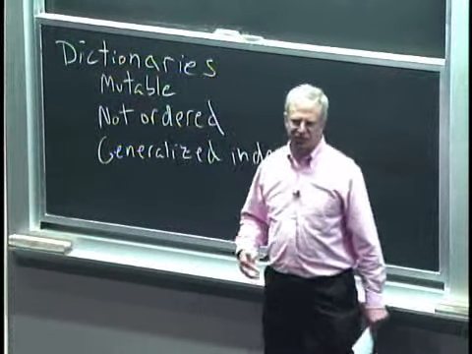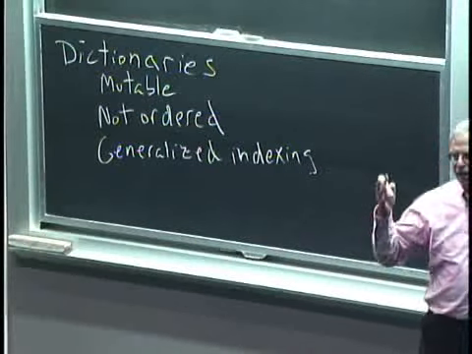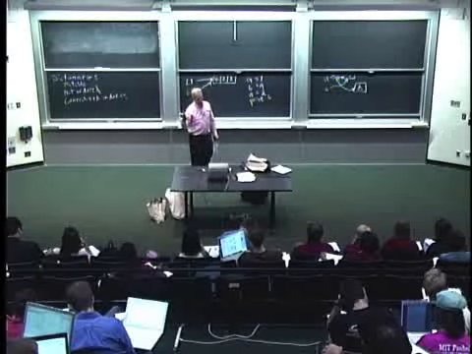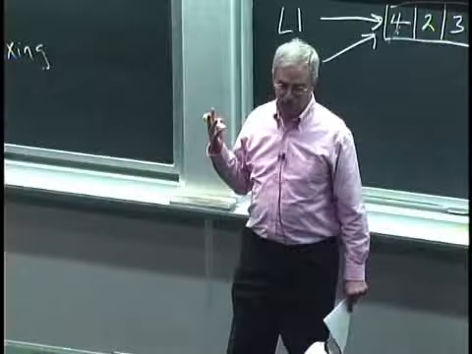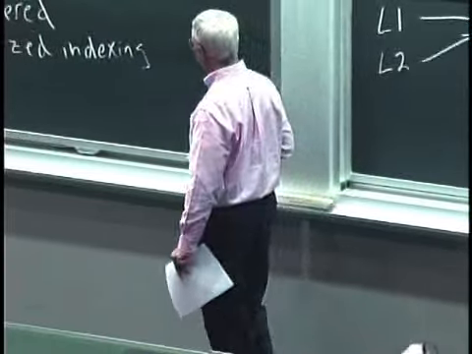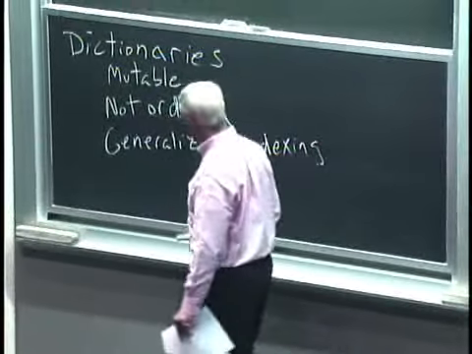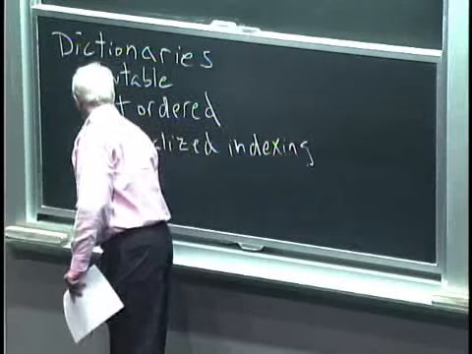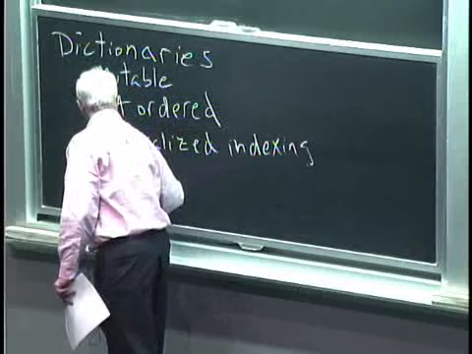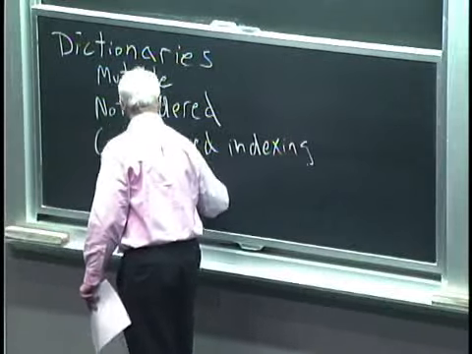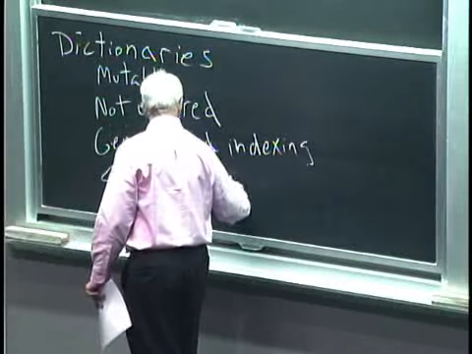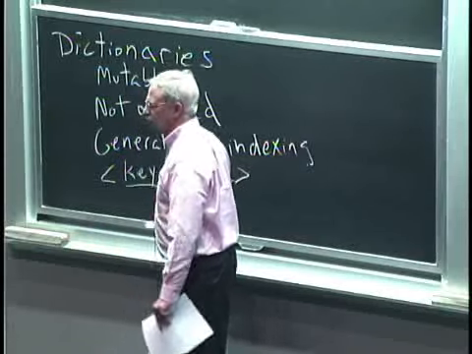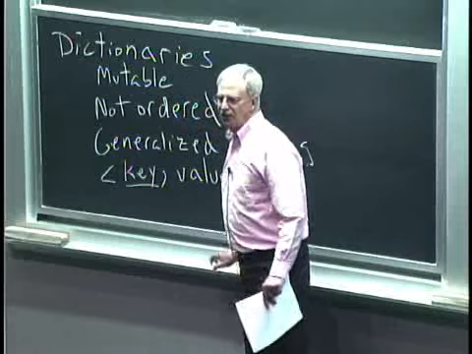So lists and strings, we can only get at elements by numbers, by integers, really. Here, what we use is think of every element of the dictionary as a key value pair, where the keys are used as the indices.